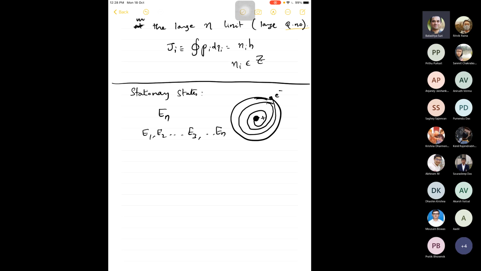In the process, there would be an emission of a photon corresponding to the energy gap. But once it goes to the second stationary state, nothing else will happen. So the atom will remain stable, except during the transition from one stationary state to another. Now, what happens to the atomic orbit?